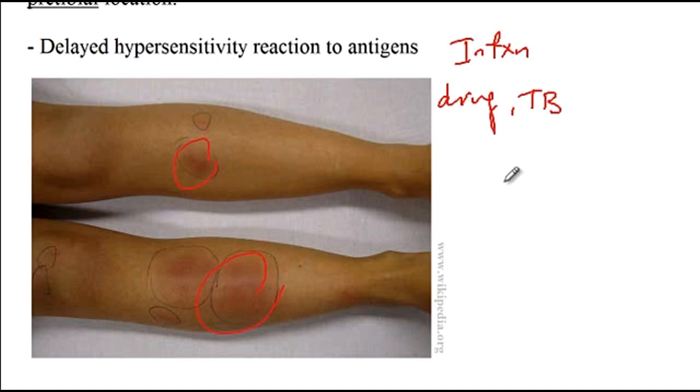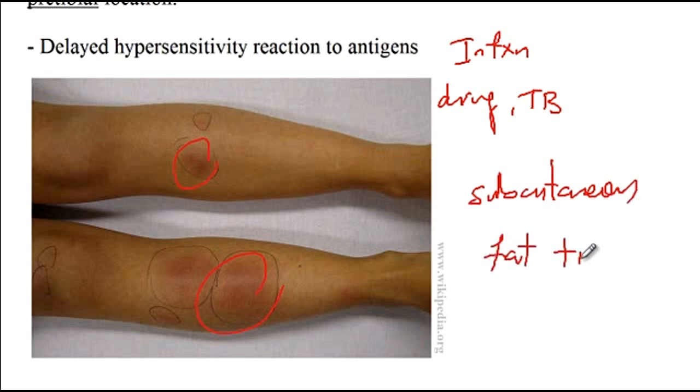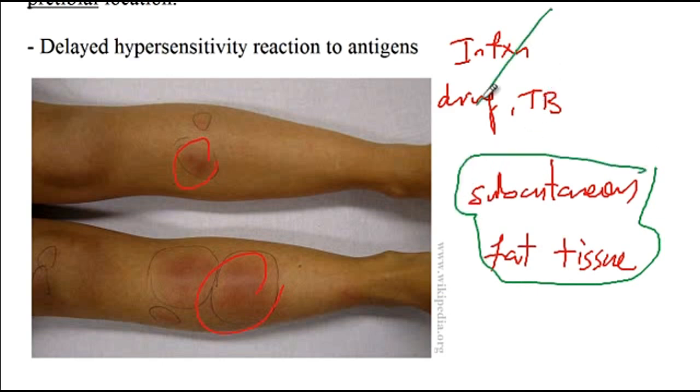On histology, you will see inflammation of the septa in the subcutaneous fat tissue. As for the treatment, you should treat the underlying cause, and upon treatment of the underlying cause, the lesions will go away.